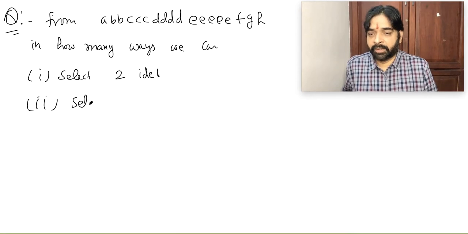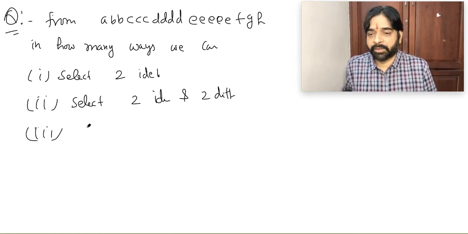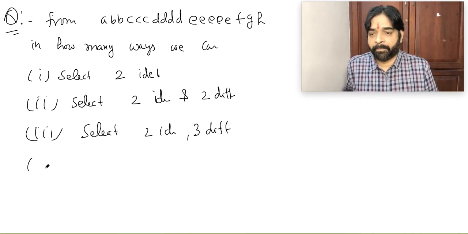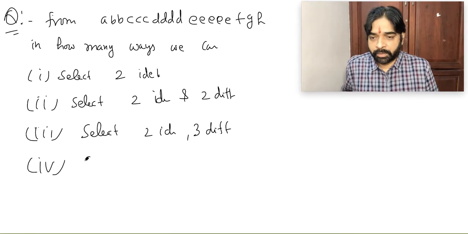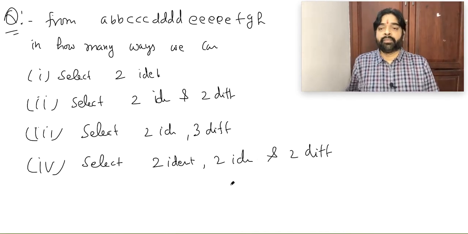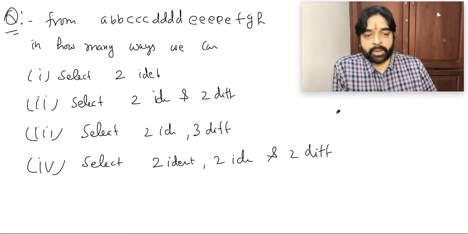Second bit, select two identical and two different. Third bit, select two identical and three different. Select two identical and two different. Is it clear?